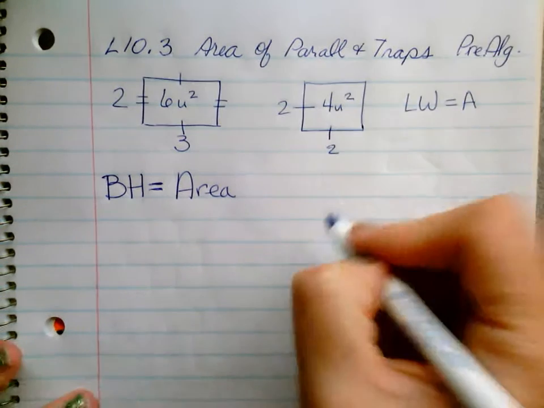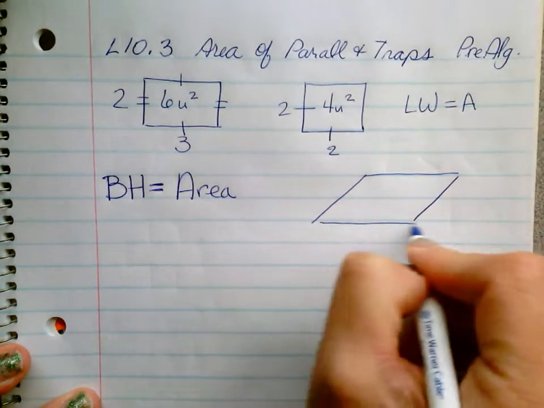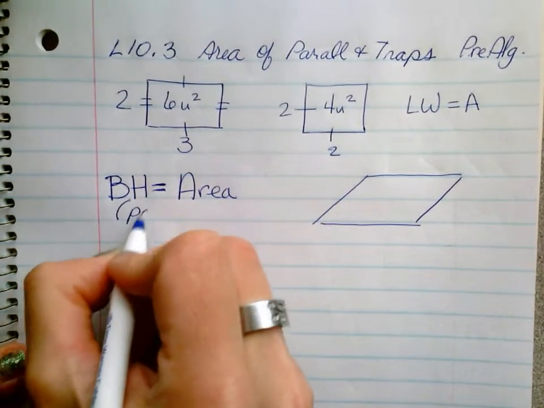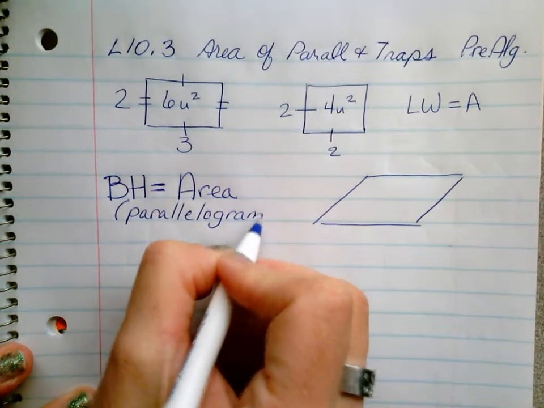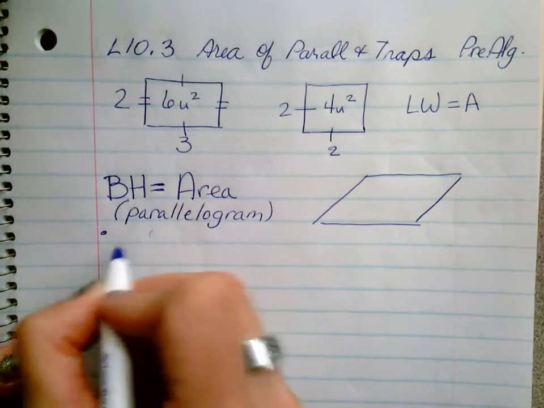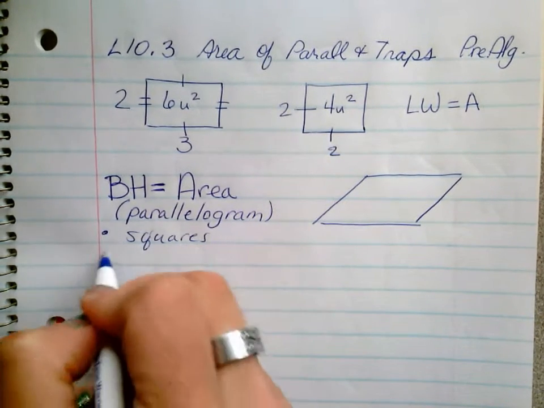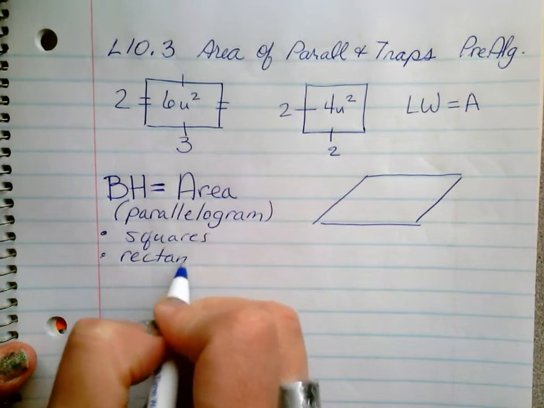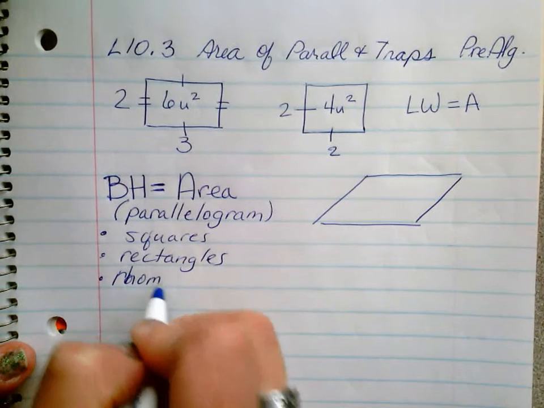So to sketch it, I'm going to draw this. And by the way, this is for a parallelogram. And parallelograms include parallelograms, squares, rectangles, and rhombuses. I'm not sure how to parallel that or plural that.